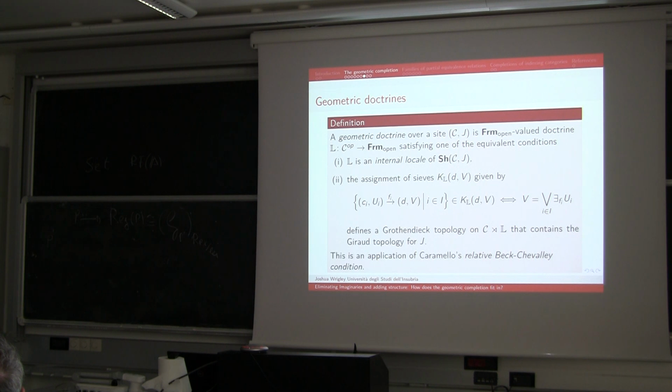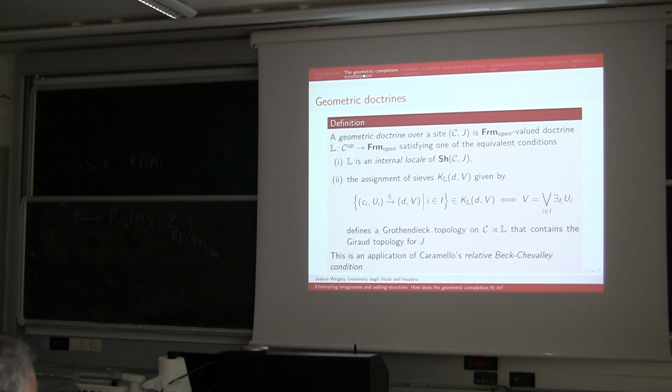And then the second equivalent condition is that we want this assignment of sieves to define a Grothendieck topology. So this is just generalizing the not quite coherent topology we saw from earlier. And you can see that this assignment of sieves satisfies the maximality condition to be a Grothendieck topology. It satisfies the transitivity condition, but it doesn't always satisfy the stability condition.